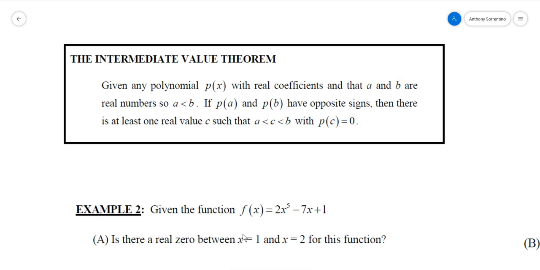It basically is telling me that, if I put in a value in a function and get a positive number, and go up maybe just 1 unit and say, okay, if f of 1 is 4 and f of 2 is negative 3, that means that somewhere between those two numbers, the graph has to pass through the x-axis, and therefore it has to have at least one spot where it has a 0.